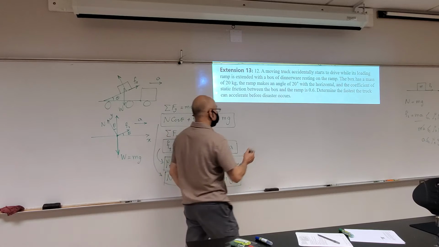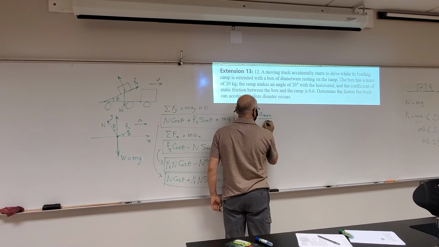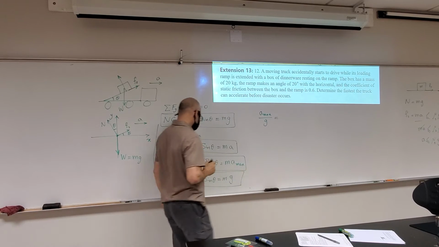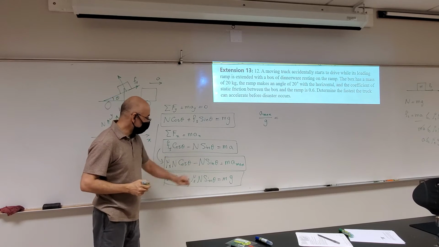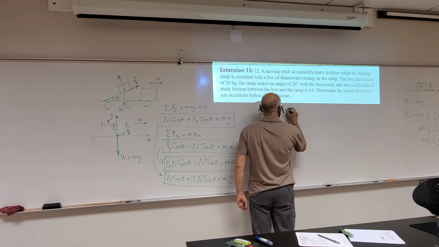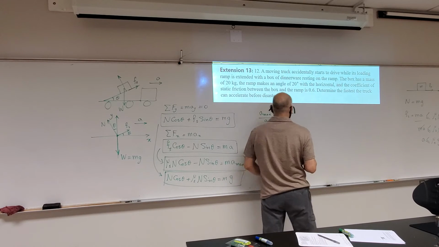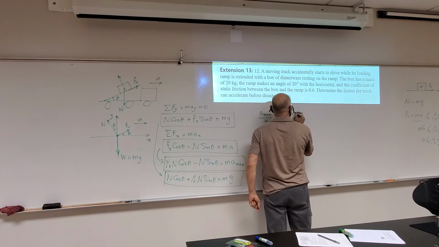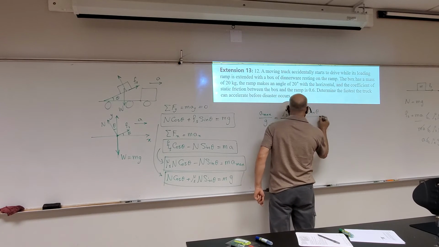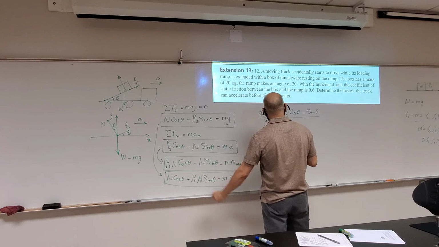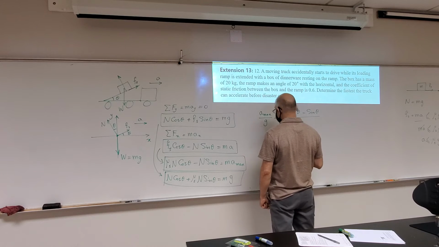So a max over g becomes: mu s cosine theta minus sine theta, divided by cosine theta plus mu s sine theta.